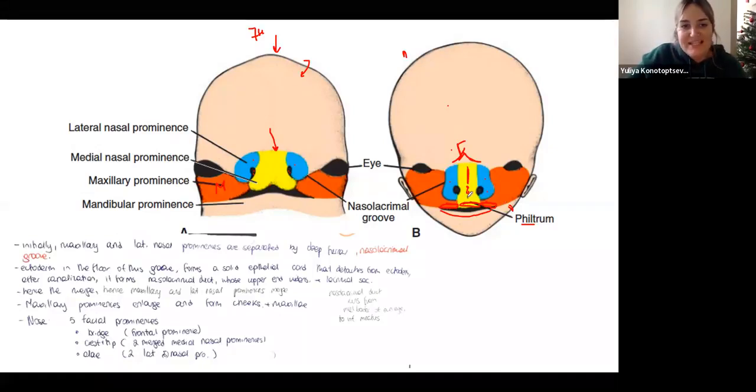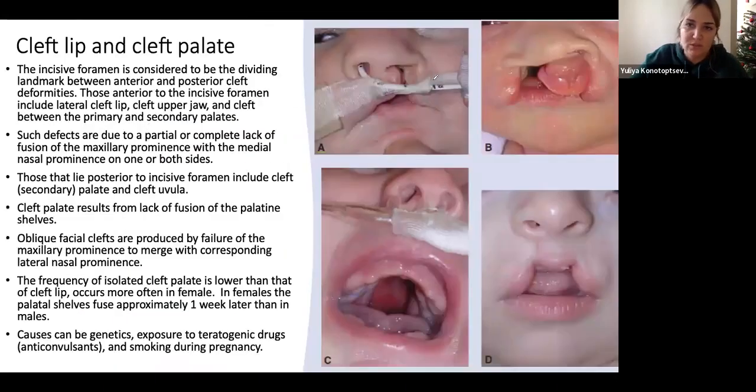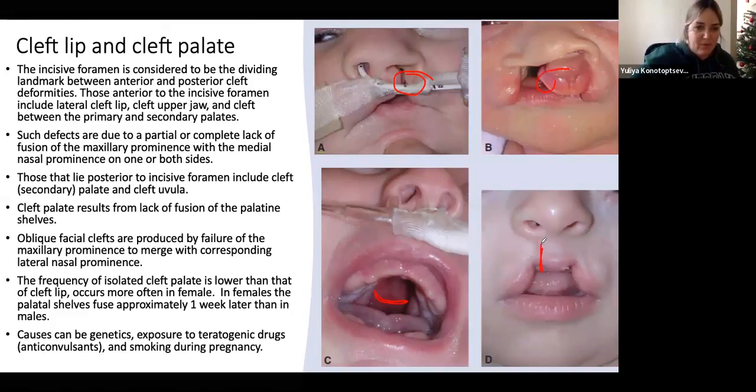Do you guys know any malformations that could happen here? Are you familiar with a cleft lip? Right, so I go here, we're going to talk about it. So this is a cleft lip. This is a cleft palate. These ones are also cleft lip.